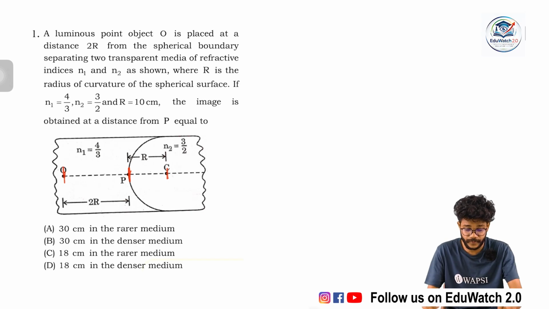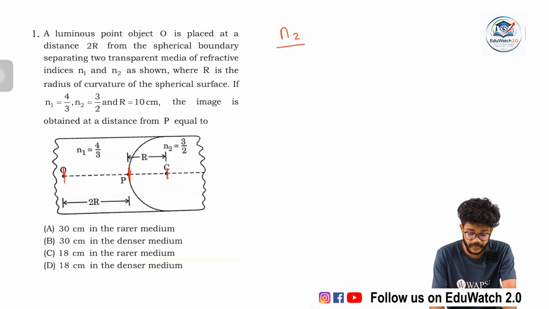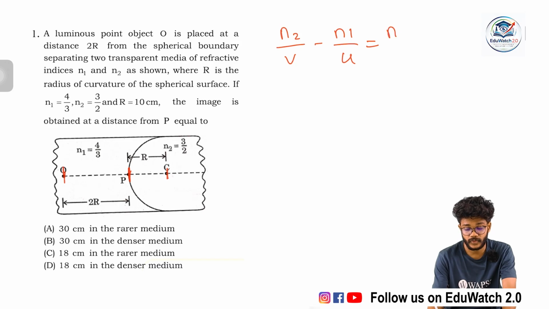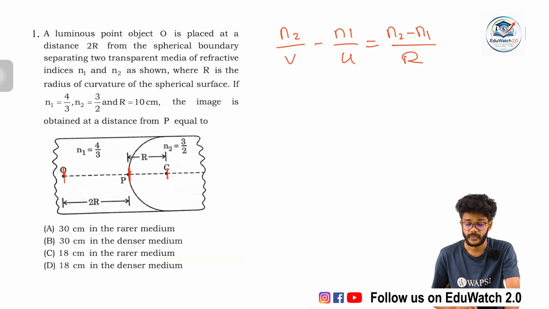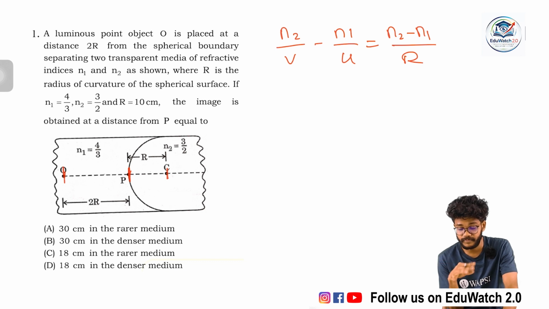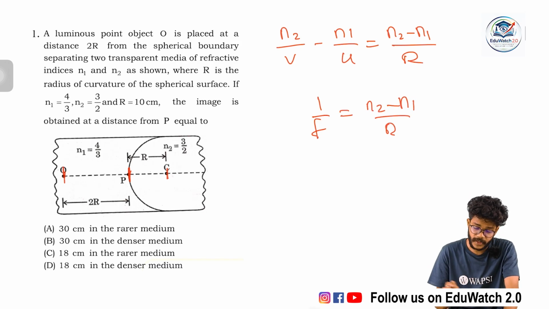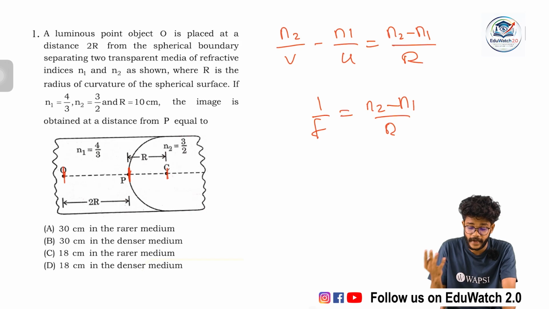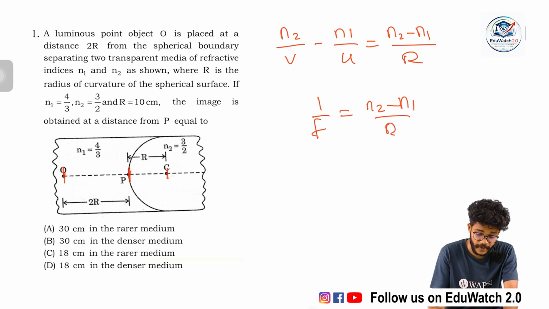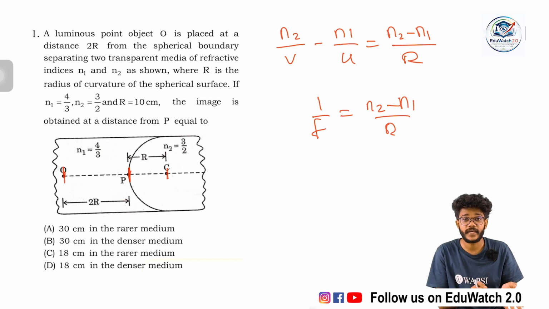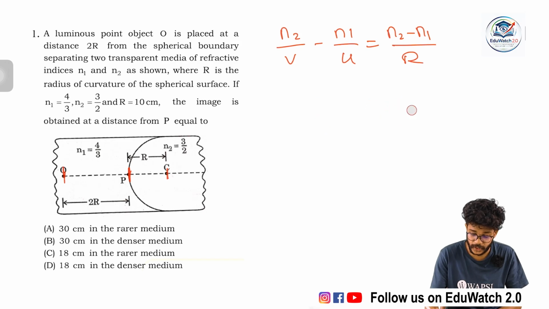Yes, I will write that for you. n2 by v minus n1 by u is equal to (n2 minus n1) by R. On the right side we can write 1 by f is equal to (n2 minus n1) by R. But actually we do not need the value of f, because here we have all of n2, n1, R, u, and v. We have to find v, and u they have already given. Substitute in this equation.